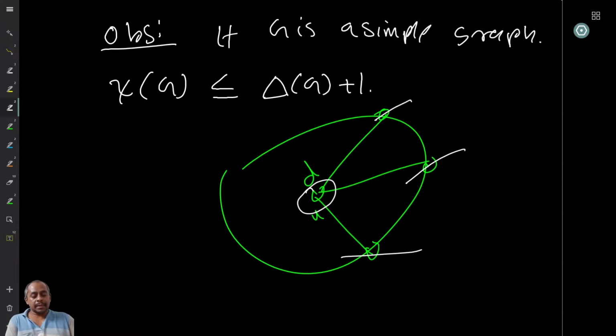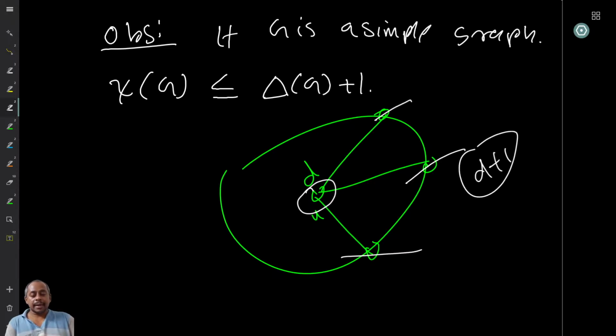Now this is true for any vertex. No matter what the previous vertices are colored with, this vertex can always be colored if I have at least D plus 1 colors available.